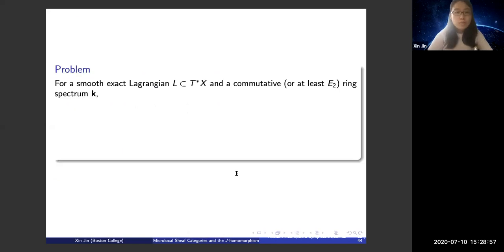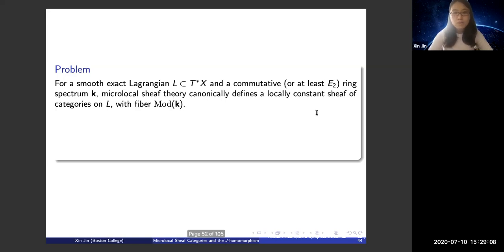A natural problem is the following. Given a smooth exact Lagrangian L and a commutative ring spectrum K, as we have proceeded, we have constructed a locally constant sheaf of categories on it with fiber equivalent to mod K.